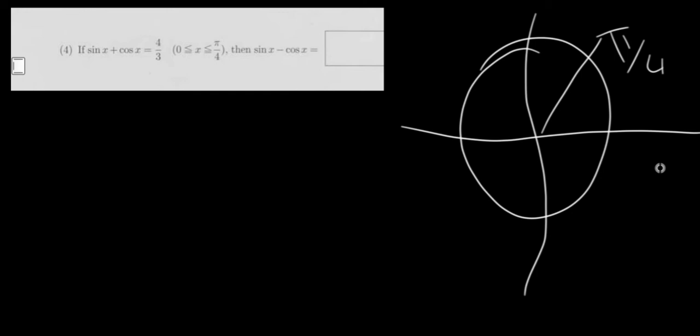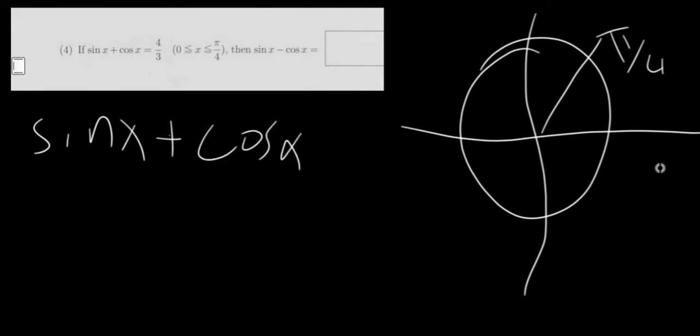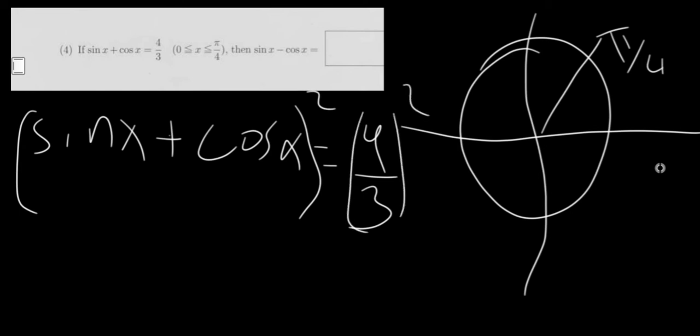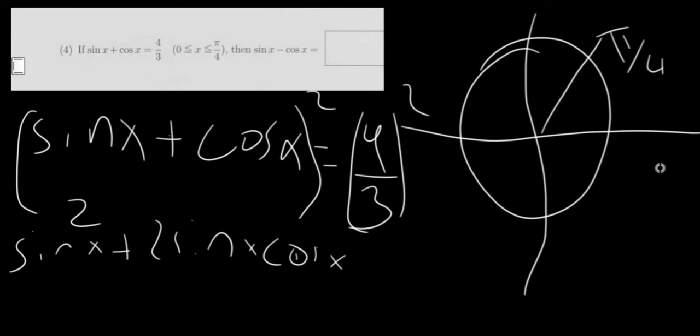Now for the numbers. First we have that sine of x plus cosine of x is equal to 4 divided by 3. So let's square both sides. Sine of x squared plus 2 sine of x cosine of x plus cosine of x squared is equal to what? 4 squared, 16 divided by 9.